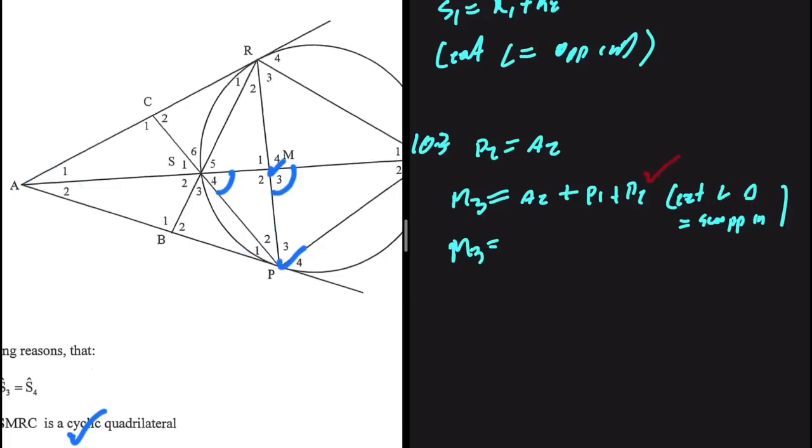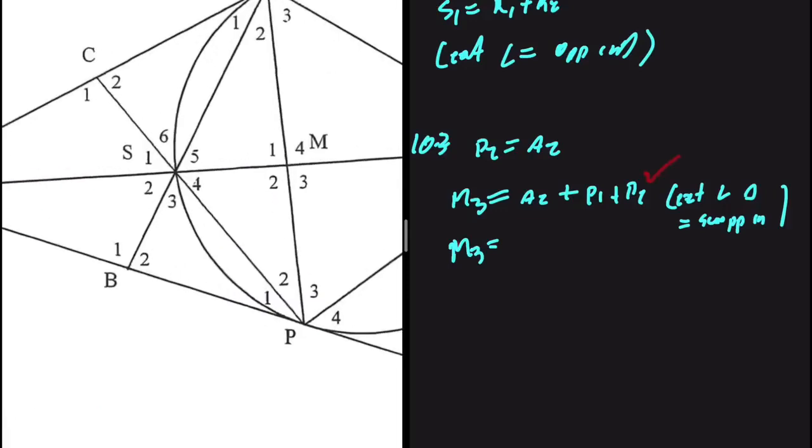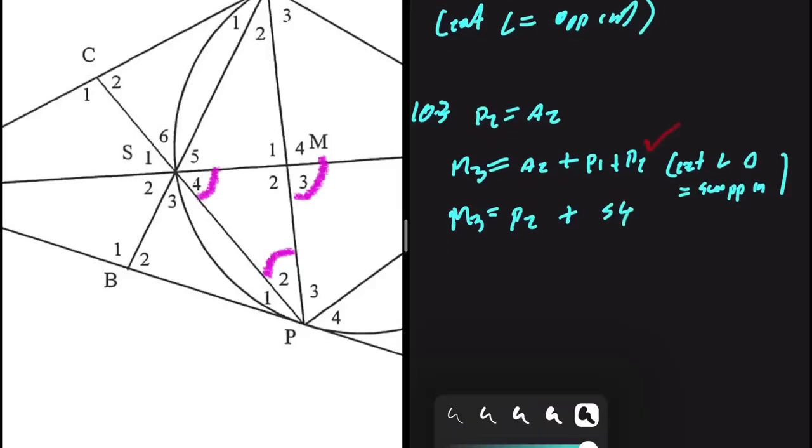Let me erase again for the sake of clarity. So we can say that M3, this angle right here, is equal to S4 plus P2. So what are we saying? We're saying that M3 is equal to S4 plus P2, so P2 plus S4. Okay, for the same reason, exterior angle of a triangle.